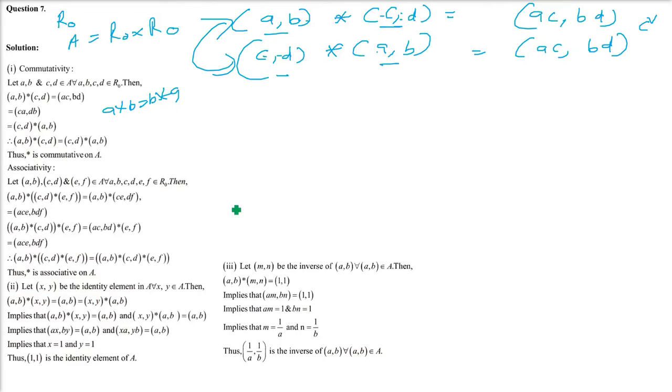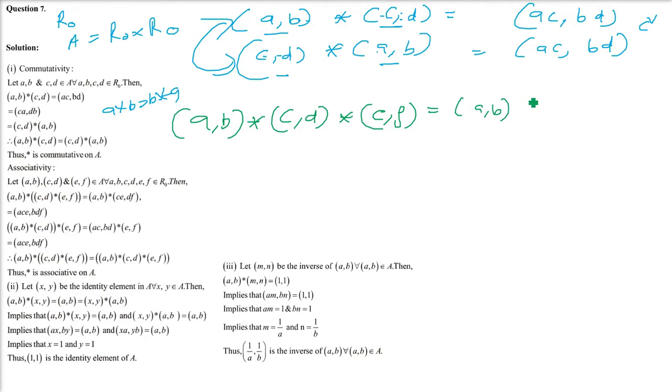Associative means that A operated by B, operated by C, should be equal to A operated by B operated by C, taking association. Here we will take the pairs (A, B), (C, D), (E, F). In the first case we'll take (A, B) star (C, D), and in the second case we'll take (C, D) star (E, F).